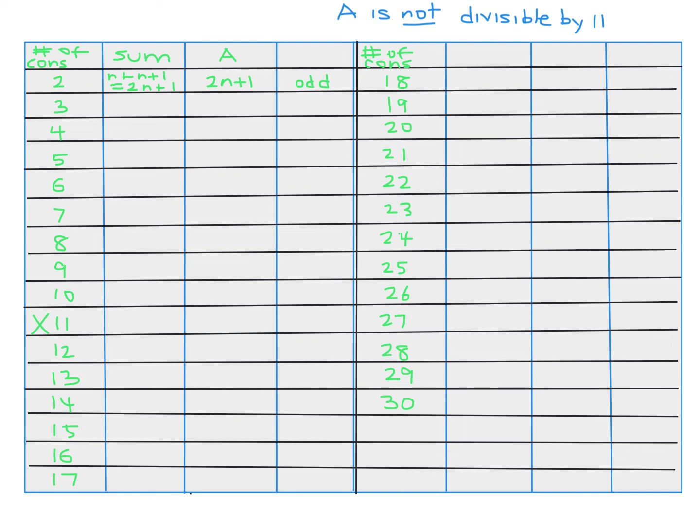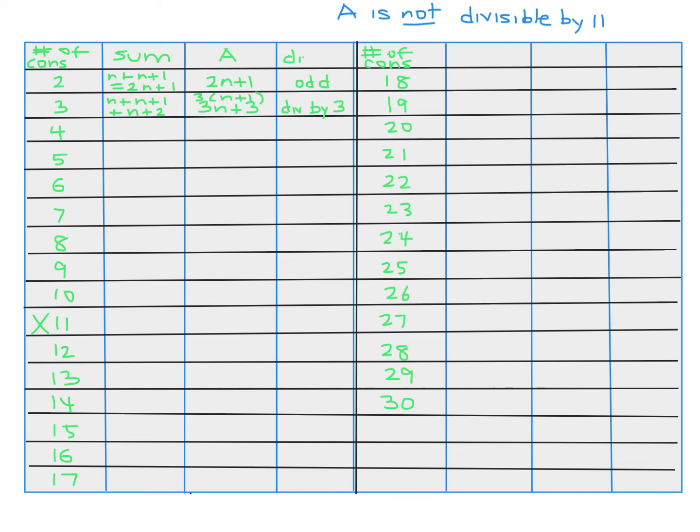How about 3? Then it would be n plus n plus 1 plus n plus 2 if it's 3 consecutive integers, and that is 3n plus 3. If you factor out a 3, you get 3 times n plus 1, and therefore it's divisible by 3.